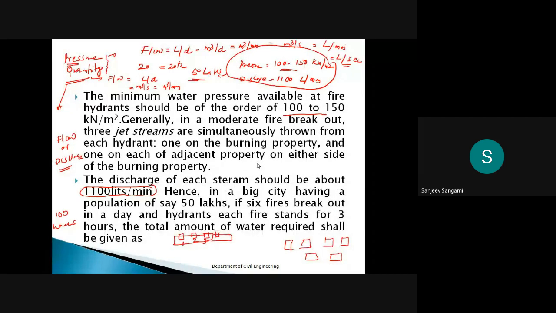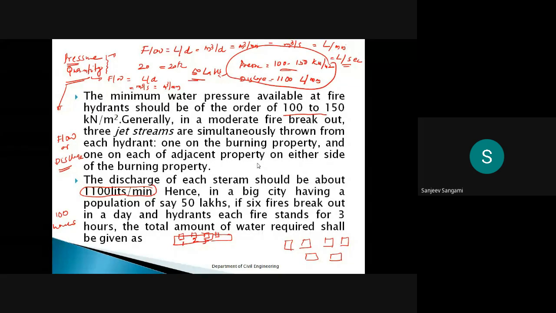Fire hydrants should have a capacity of 100 to 150 kilonewton per meter square. That much pressure it has to give. Means if the jet is there, the jet has to go with that much pressure, 100 to 150 kilonewton per meter square. That we already discussed.